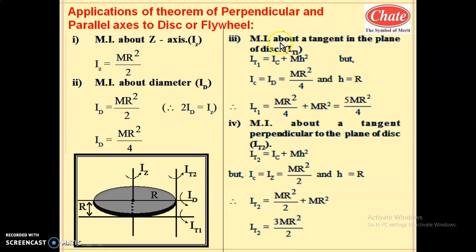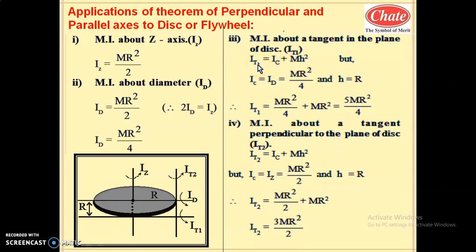Now moment of inertia about tangent in the plane of the disk, that is It1. This axis is parallel to the diameter axis. So using parallel axis theorem, Ic equal to Id plus mh square, that is total mass of the body and square of the distance between the two parallel axes.